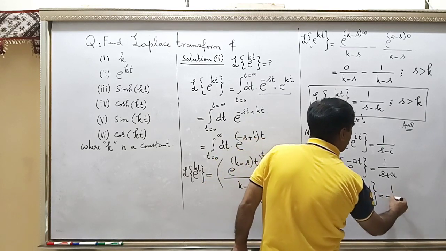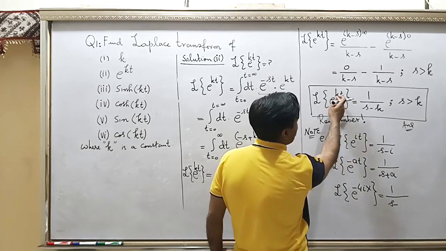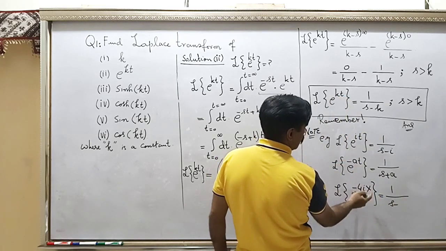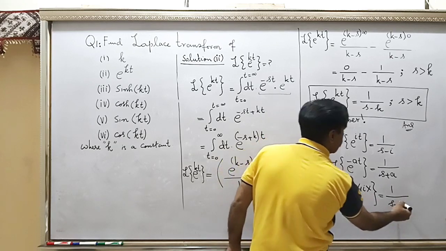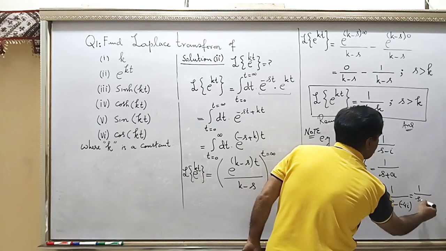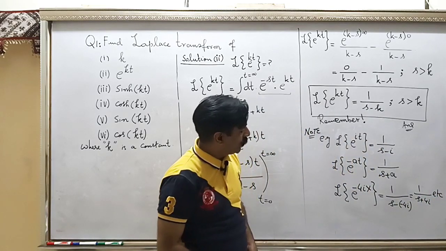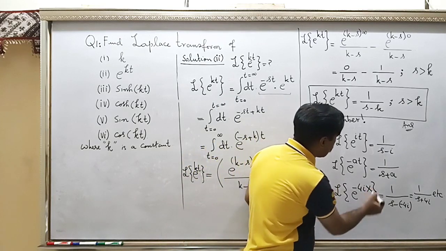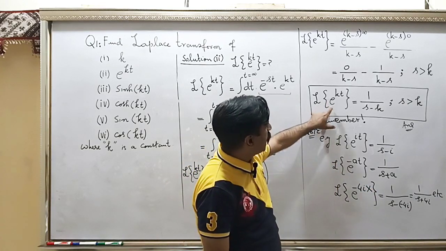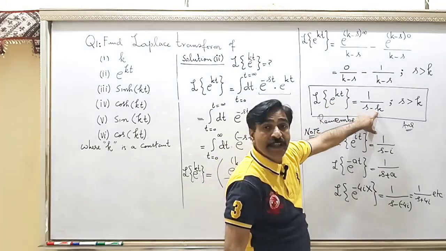So it is 1 over s minus, and in place of this k, you have minus 4i. So here you put minus 4i and the result will be 1 over s plus 4i, etc. So this is how you use it, and don't worry, when you use this formula directly, this variable t does not appear in the final answer.